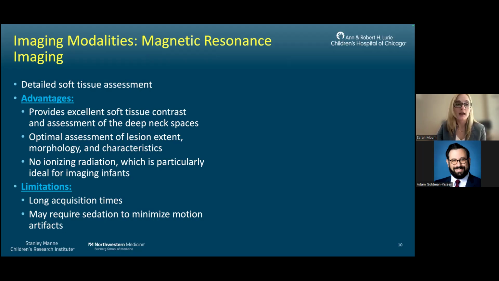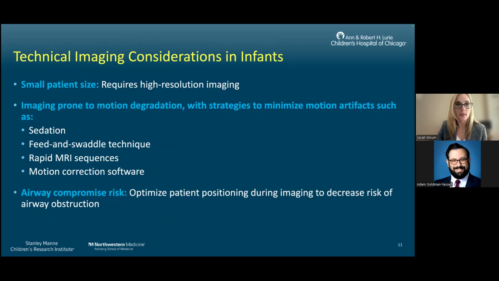And importantly, in contrast to CT, there's no ionizing radiation, which we love for our infant patients. There is a longer acquisition time, as we're all familiar with, and so often we do have to give sedation for these patients to be able to get diagnostic imaging, especially if we are going to give contrast, which is often needed for the assessment of neck masses.